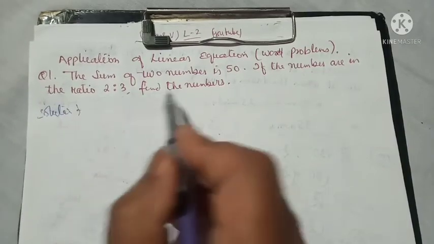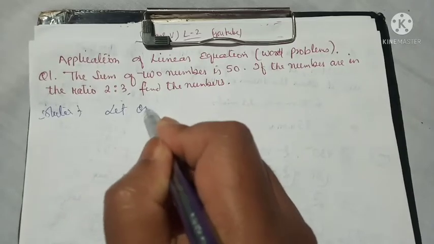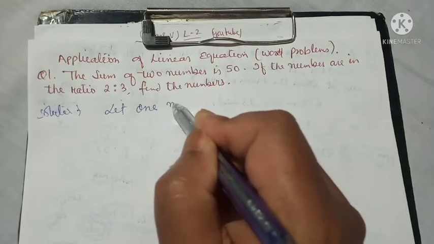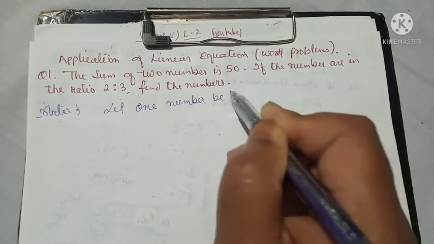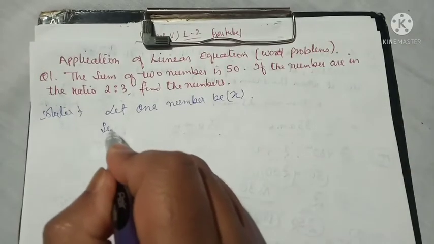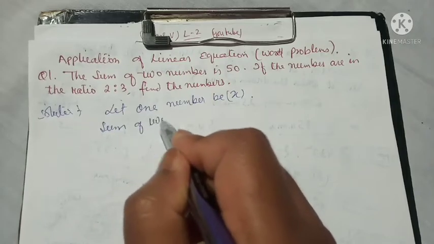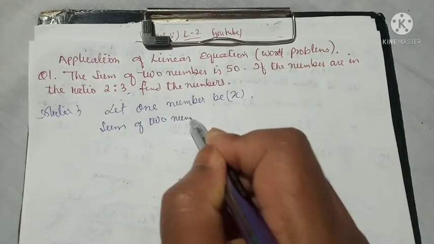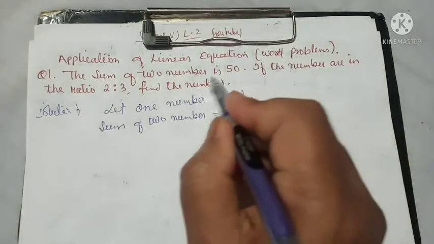Let's see the solution. In the solution, we let one number be x. One of the numbers will be x. The sum of the two numbers is 50, as given in the question.